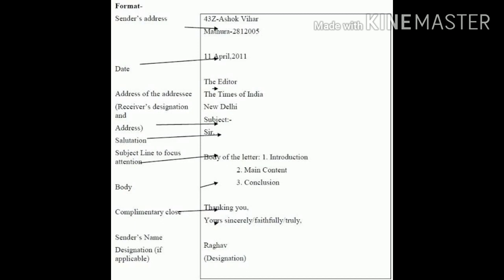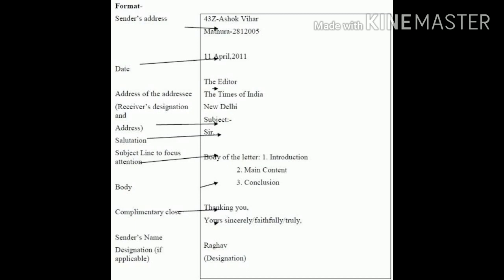Again we leave a space and write the address of the addressee. Who is the addressee here? The person who is going to receive the letter. So we mention the receiver's designation and the address. For example, here it is the editor, below it the address, that is Times of India, New Delhi.